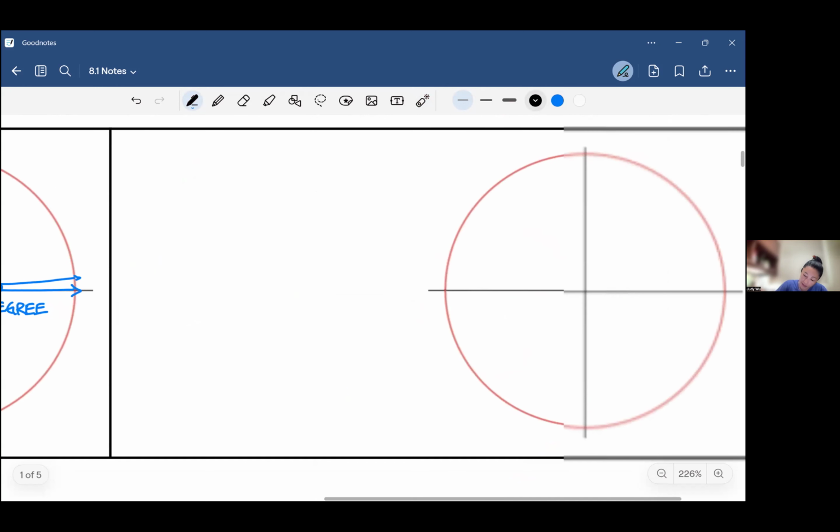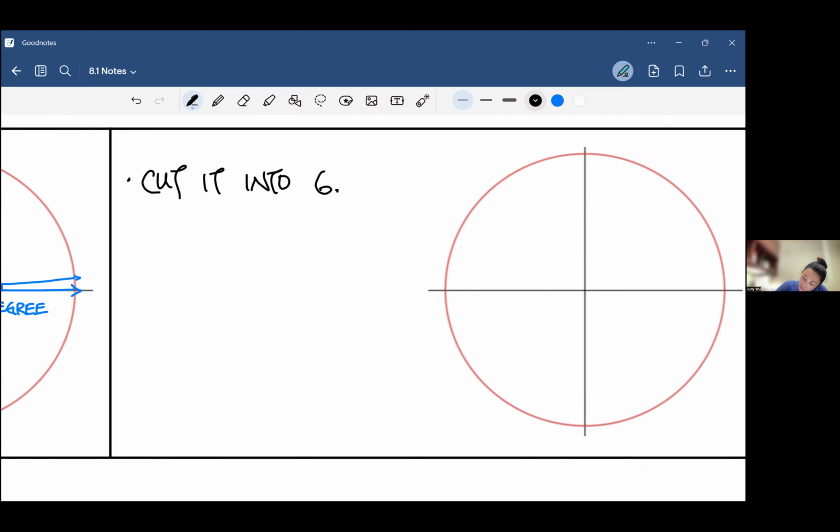The other way to measure angles is if we take this circle and we imagine that we cut it into about 6.2-ish. Okay, we're going to be very mathematical here. Okay, 6.2-ish slices. What we get now is not a slice that is measured 1 degree, but it's measured as 1 radian. Okay.